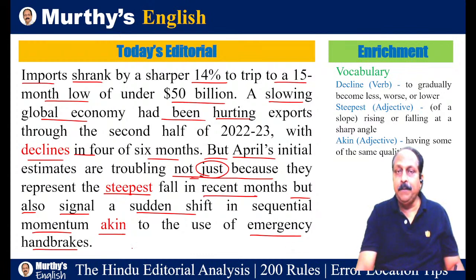When the regular brake fails, then you may resort to emergency handbrakes. So the sentence says, this steepest fall may not be the actual reason, but also signal. Initial estimates also signal something. What do they signal? A sudden shift in sequential momentum. And that sudden shift in sequential momentum is akin to the use of emergency handbrakes.